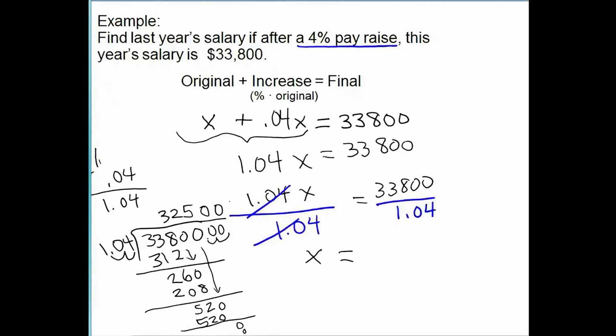So this will be 32,500. Now, let's see if this is a reasonable answer. So if this was last year's salary, and they have a 4% raise, so a little bit of a raise, and then this year's salary is 33,800. So yes, that's a reasonable answer.